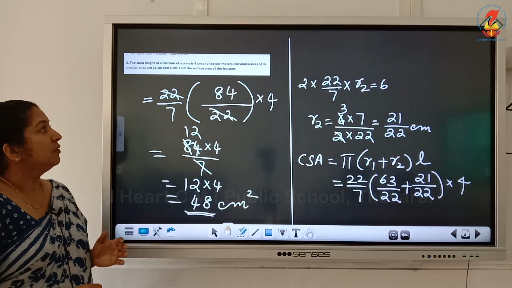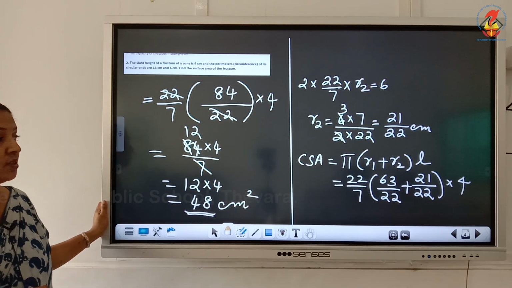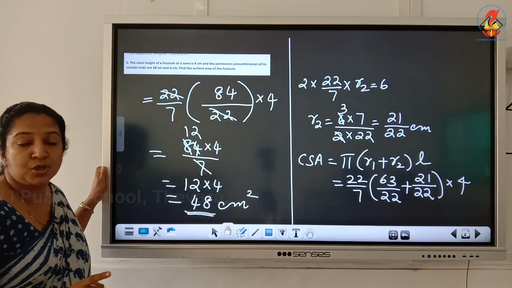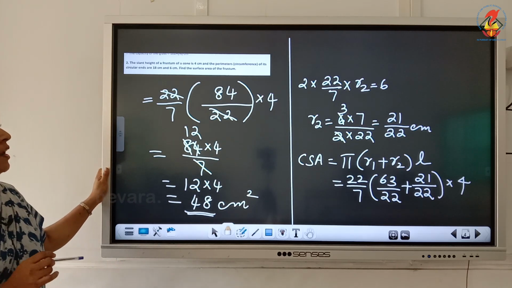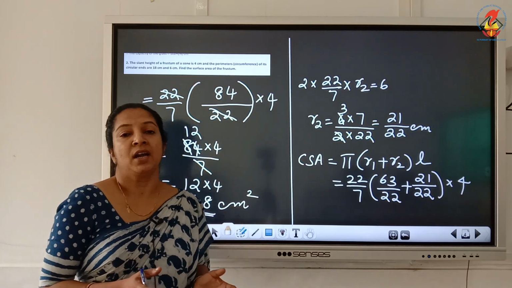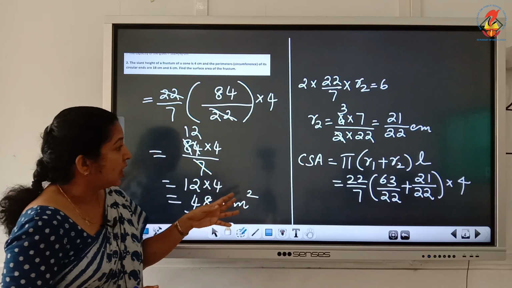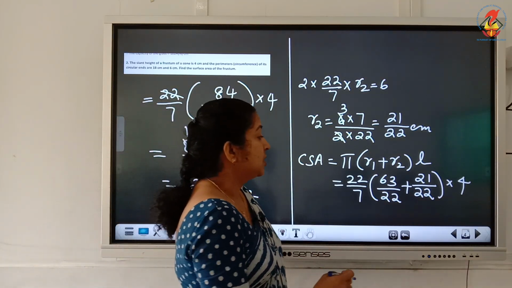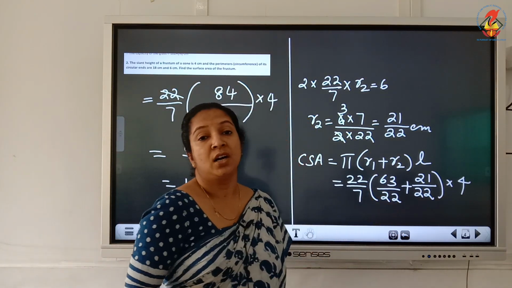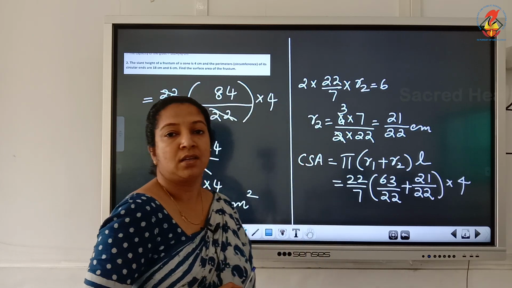So here what is given? The slant height of the cone is given, which we have taken as L, which is equal to 4 centimeter, and the perimeters of the circular regions are given. That means 2 pi r1 and 2 pi r2 are given. From there we got r1 and r2. We got r1 as 63 by 22 and r2 as 21 by 22. The question is to find the CSA.